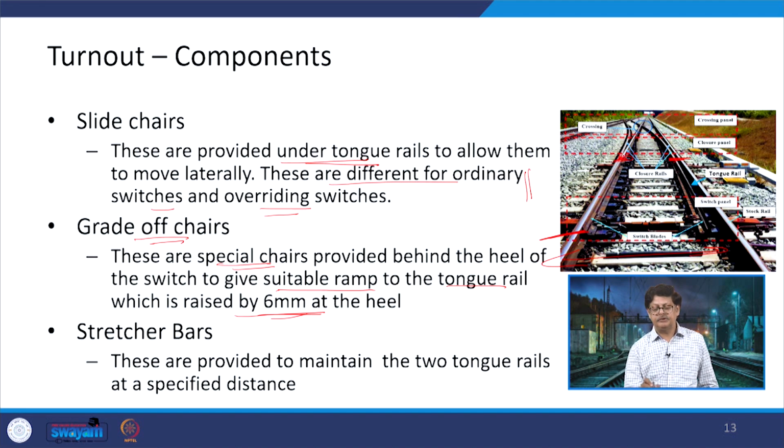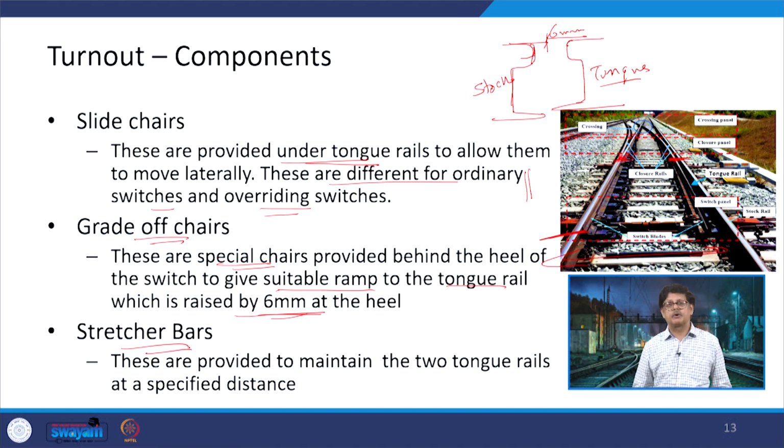So, at the heel if we have two rails, say provided in this form, then another one, so this level difference and this level difference, that is the 6 mm level difference which will be there. So, this is the stock rail and this is the tongue rail.